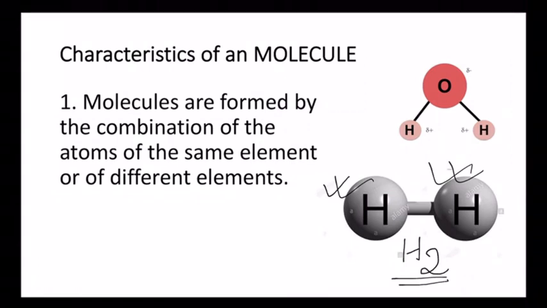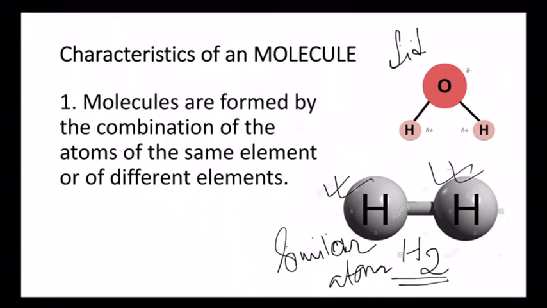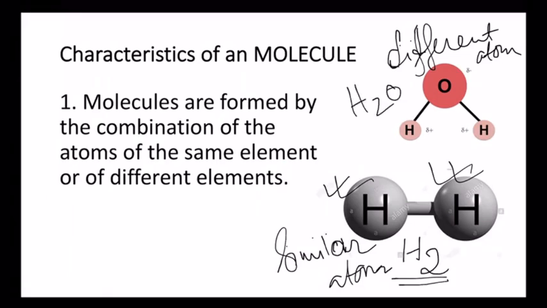Since hydrogen is a highly reactive atom, it cannot exist independently. It may combine with a similar type of atom, that is hydrogen and hydrogen, or a different type of atom, that is hydrogen and oxygen, to form a molecule of water denoted as H2O.